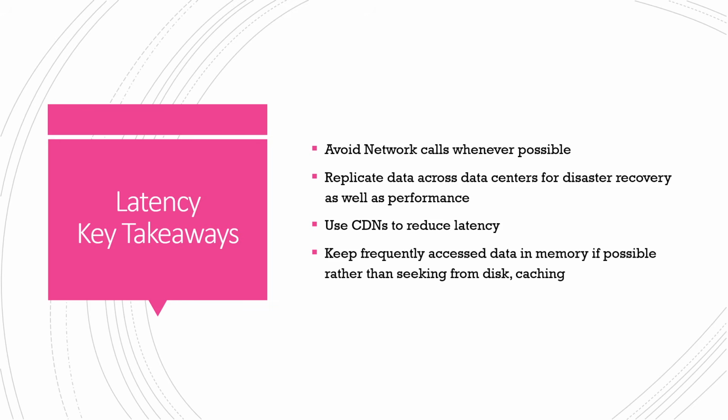If one data center goes down, you don't want to lose all your data. But it's also beneficial to have that replicated so that, if necessary, you can serve it as close to the user as possible. And that's the same concept behind CDNs, content distribution networks, which give you a service that serves your data as close to a user as possible.